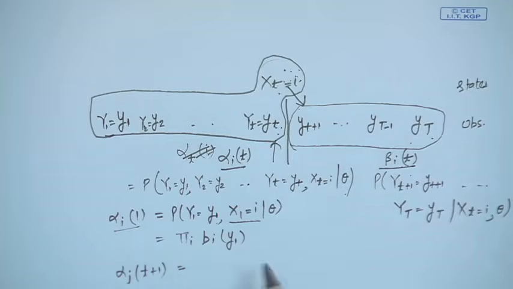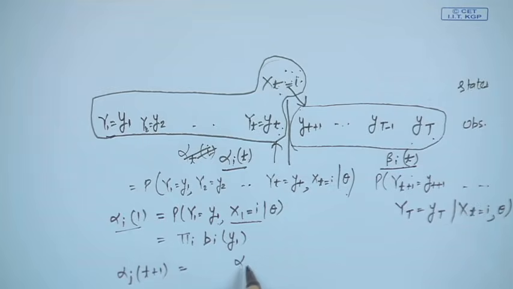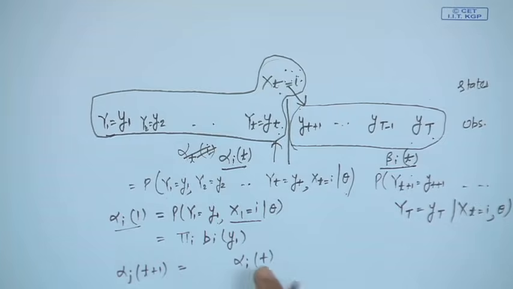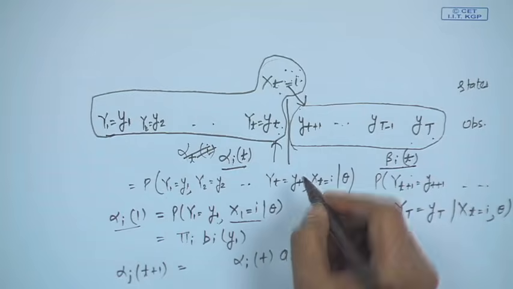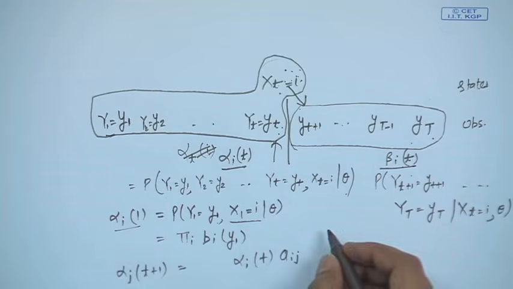Alpha_i(t), at the previous time step I had some state i, I have the transition from i to j, so times a_ij, and now I have the emission for the (t+1)th observation, that is b_j(y_{t+1}).